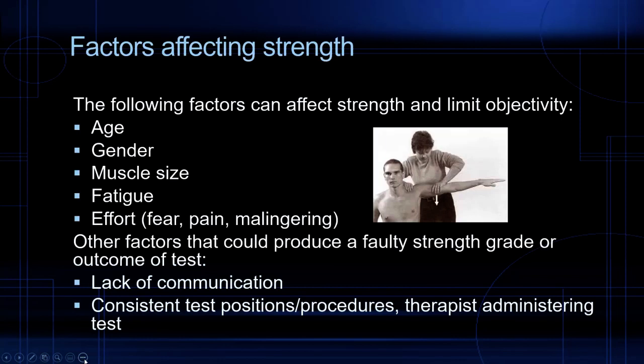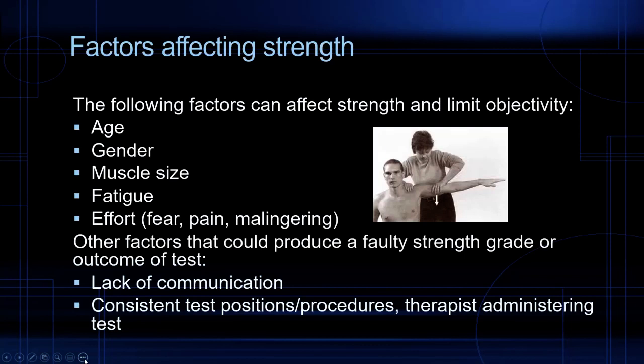But for manual muscle testing, think about if a person is older. You know, an 85-year-old muscle is not going to test as strong generally as a 25-year-old muscle. Also, male versus female, typically males with more testosterone test a little bit stronger than females do.